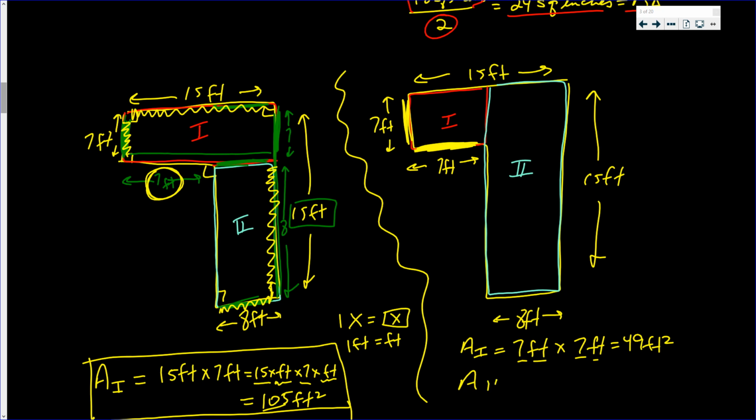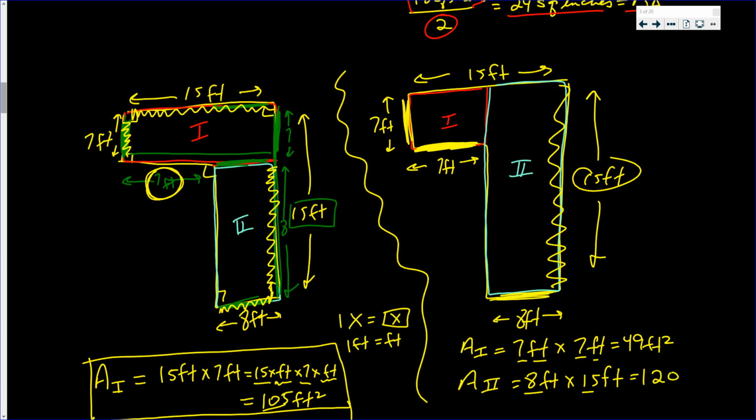The area of region 2? Well, that's 8 feet by 15 feet. That's 8 feet times 15 feet. I happen to know that 8 times 15 is 120. And foot times foot is square feet.